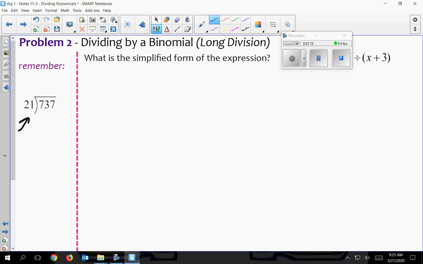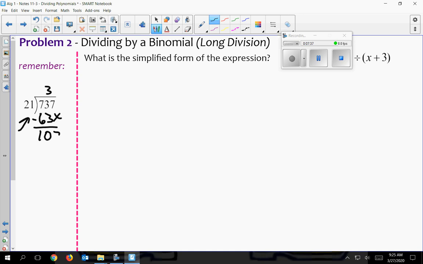So how many times does 21 go into 73? And I believe it goes in 3 times. So I put that 3 above the 3 in the 73. 3 times 21 gives me 63. And I'm supposed to subtract it. And that gets me 10. And then the next thing I'm supposed to do is bring down the 7.